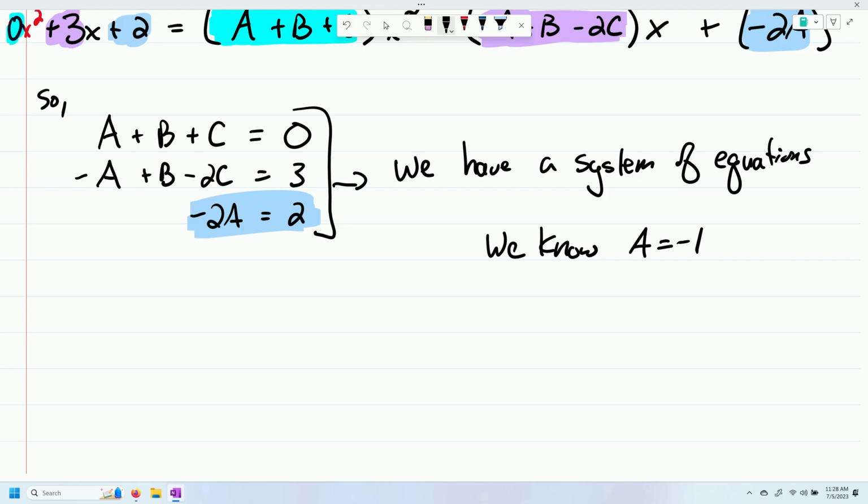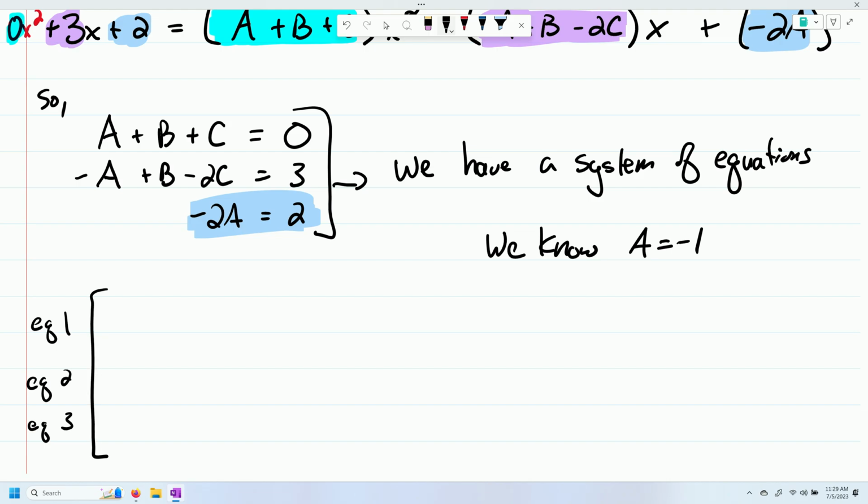Here's how we're going to do this inside of a calculator. First thing we're going to do is create our matrix. To create a matrix, if you've never done this before, it's a system of equations where the first row is equation 1, the second row is equation 2, and the third row is equation 3.